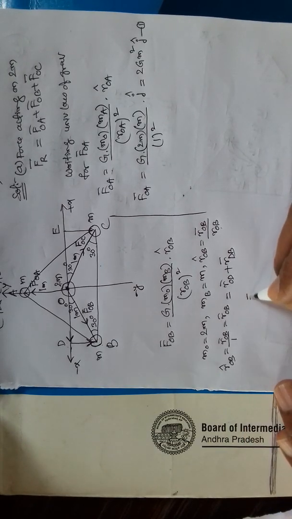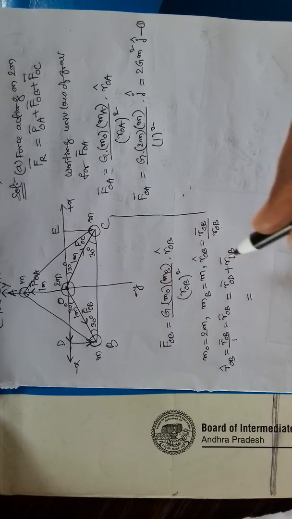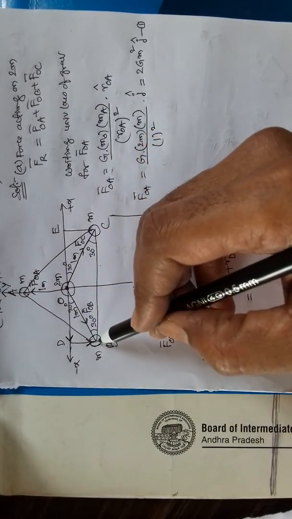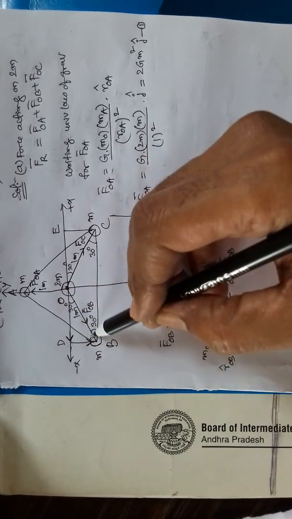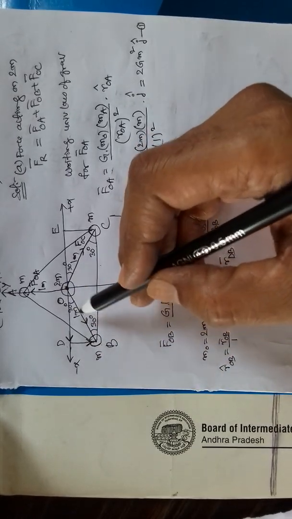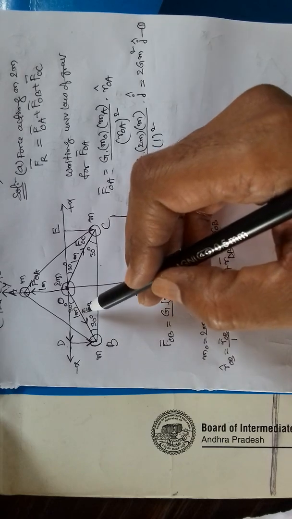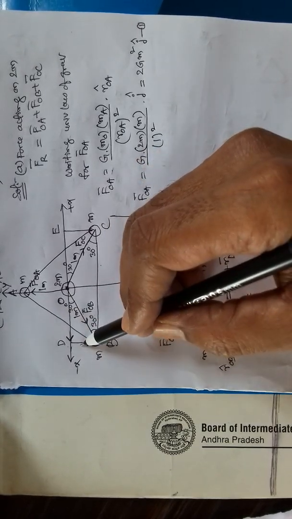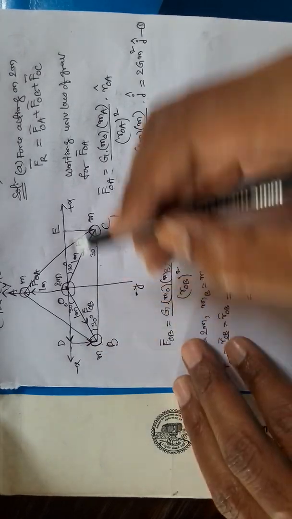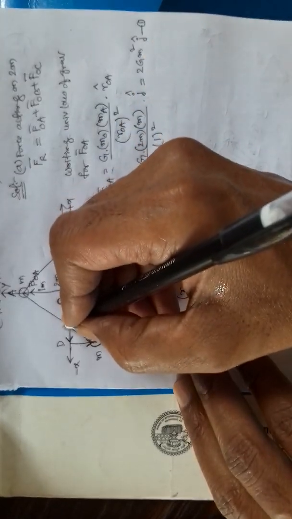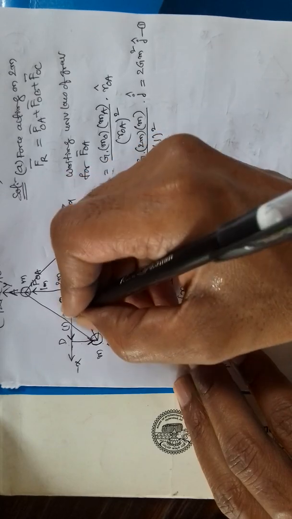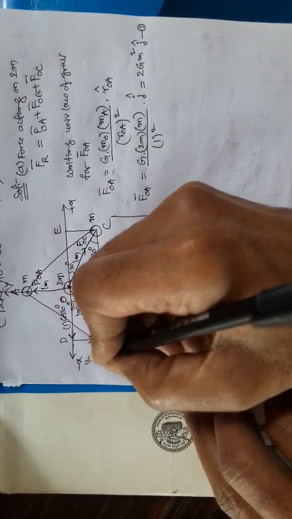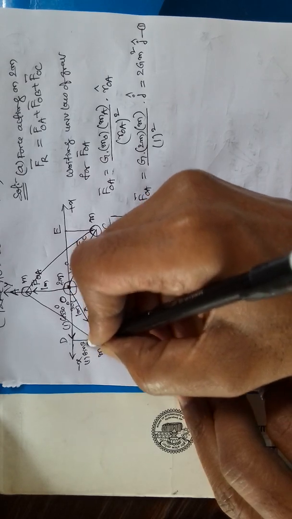Now ROD is, see, by considering this right angle triangle, its hypotenuse is 1 meter. Its adjacent side will be 1 cos 30 and its opposite side will be 1 sin 30. So this will be 1 cos 30 and this will be 1 sin 30.